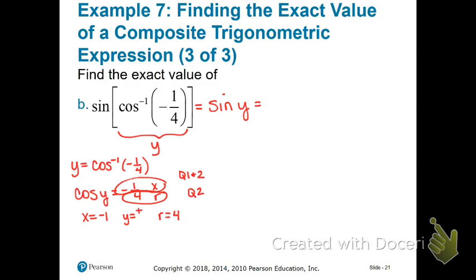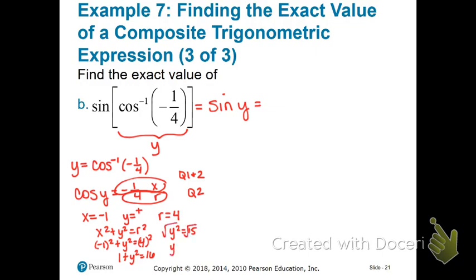Y is positive, because they're above the x-axis. All right, so using your x squared plus y squared equals r squared, 1 plus y squared equals 16. I'm going to subtract the 1. So y squared equals 15.